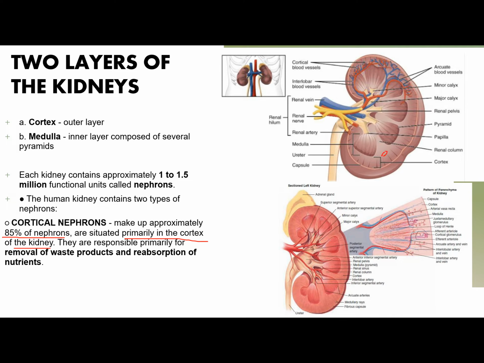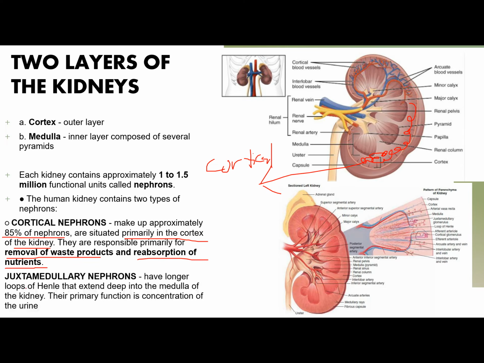In these layers, class, you would find cortical nephrons. It is called cortical nephron because it is found in the cortex. Cortical is related to the word cortex. They are found in the cortex, and their function is the removal of waste products and reabsorption of nutrients. So take note of that. It removes waste products and reabsorbs nutrients. So that's your cortical nephron.